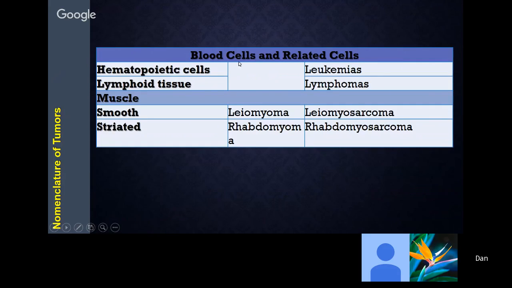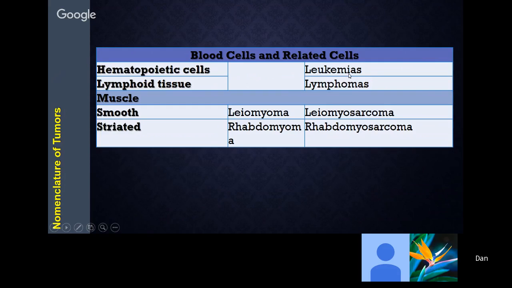So for the blood, usually you don't have benign; you have only malignants, leukemias or lymphomas, and as you know, there's many types of leukemia, many types of lymphoma, which we're going to discuss specifically in hematology. And remember, leukemia and lymphoma are super high yield, so you need to pay very much attention to those.